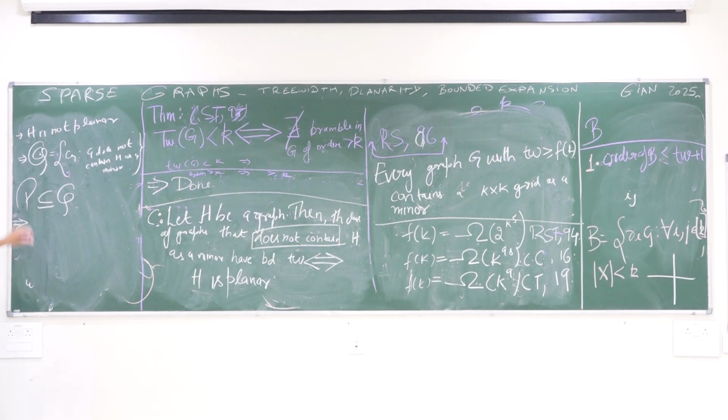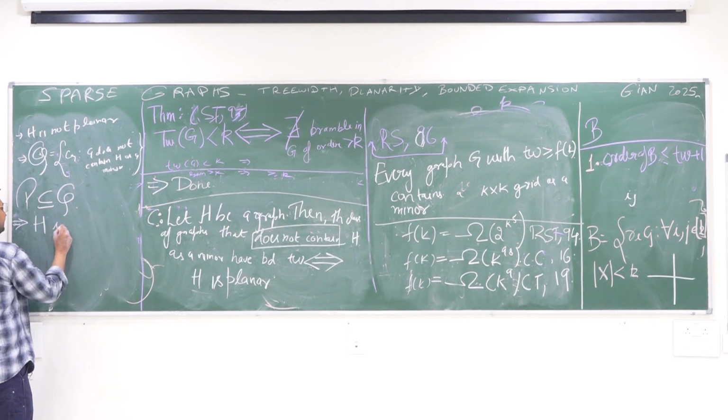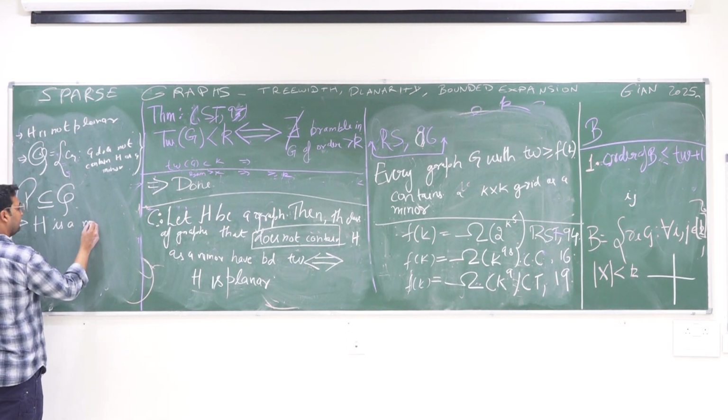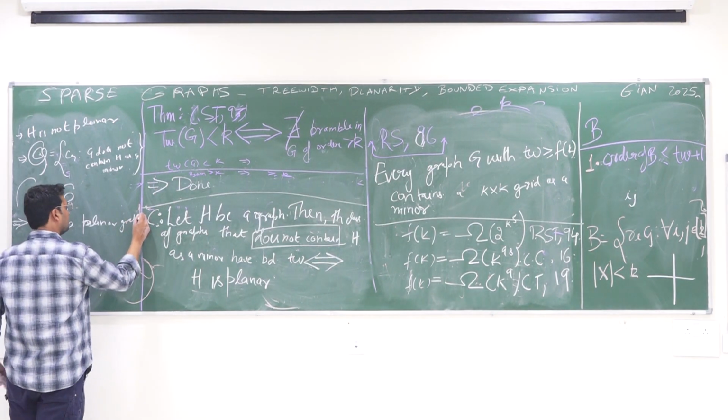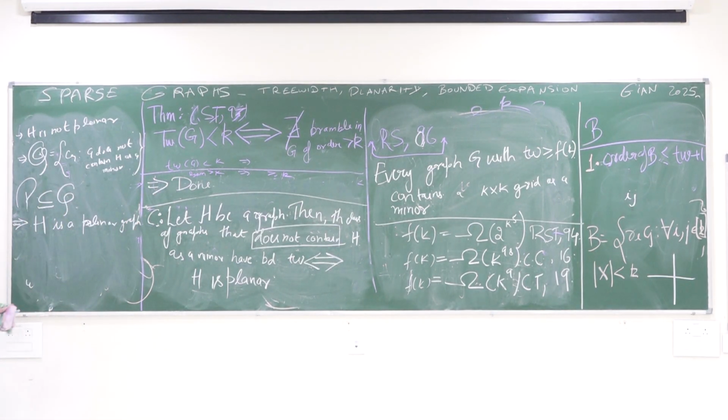The second part is that if you say that your H is a planar graph, then excluding H as a minor, the treewidth of this graph class is bounded. This is the reverse of the statement, and this will complete our proof. And how is this true?